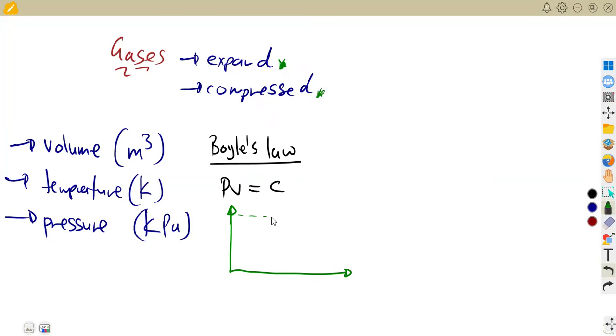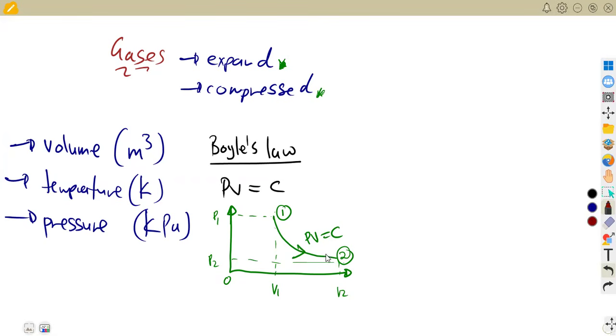In an expansion, we start at point 1 and go this side, with PV = C. This is the 0 here, and this will be 1. On the pressure-volume axes, this is V1 and that is V2, and in pressure, this is P1 in kilopascal and this is P2.